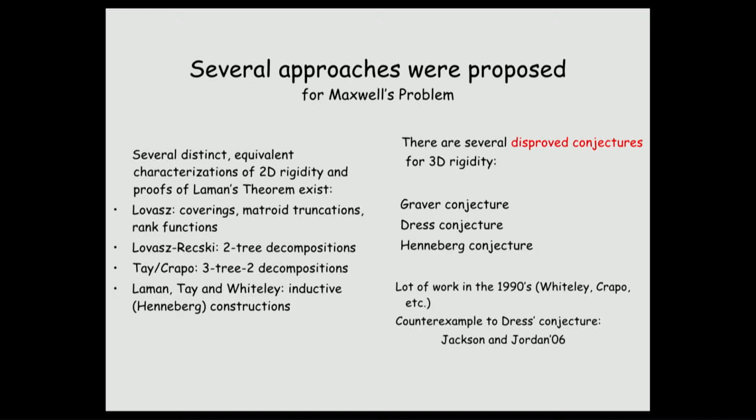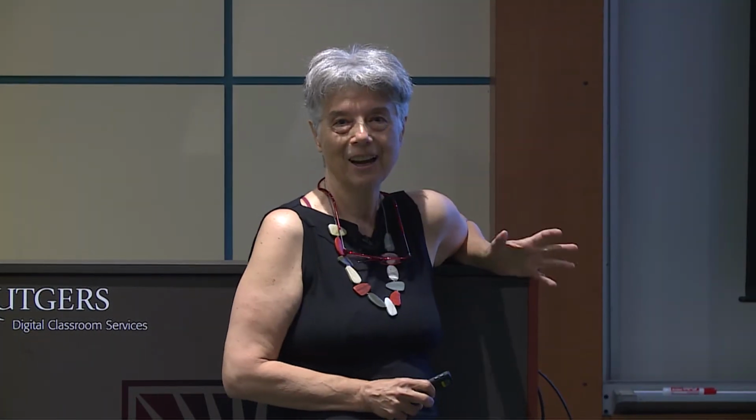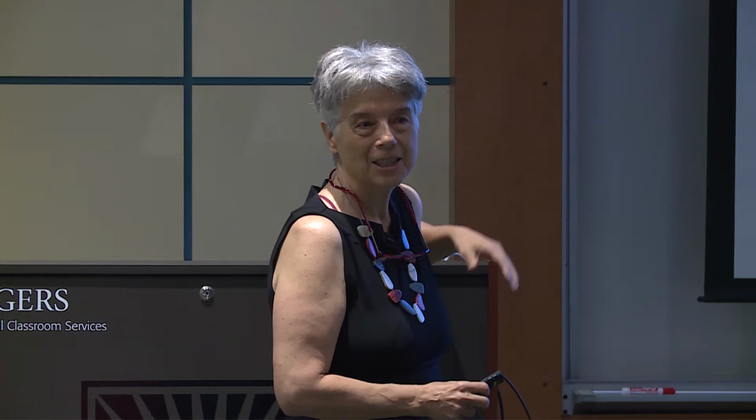And all of them have been generalized to dimension 3 and higher, and all of them have been disproved: Graver's conjecture, Dress conjecture, Henneberg conjecture, a lot of work in the 90s. In the 90s, people were still full of optimism. You could find papers that said, oh, rigidity in 3D is just around the corner. 30 plus years later, it's still not there.